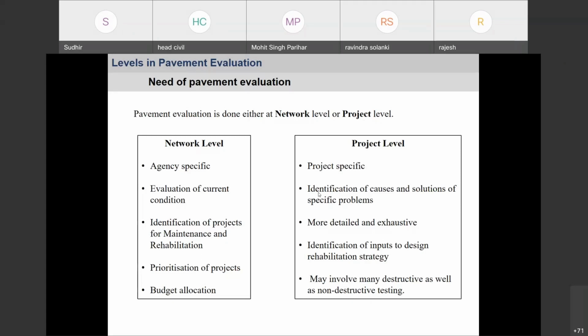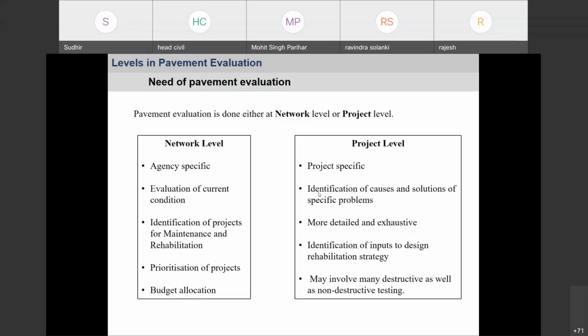So when I'm talking about project level, I'm going more into detail and I'm conducting a more exhaustive pavement evaluation, right? In the project level pavement evaluation, I would like to understand again what will be my rehabilitation strategy.